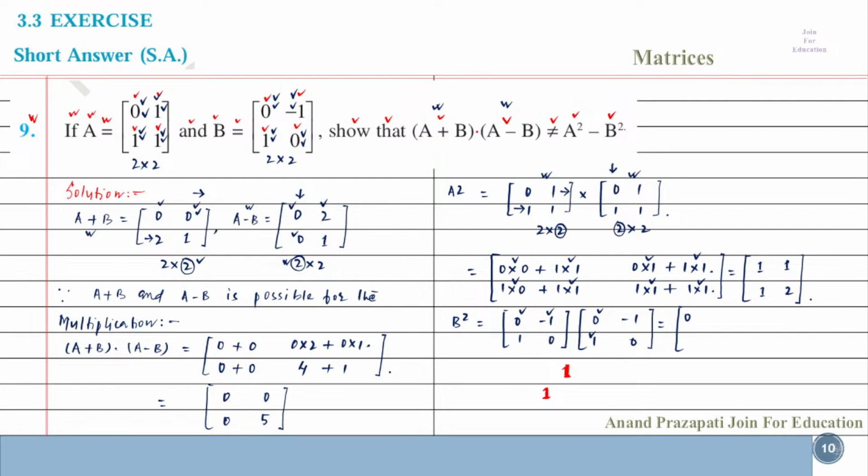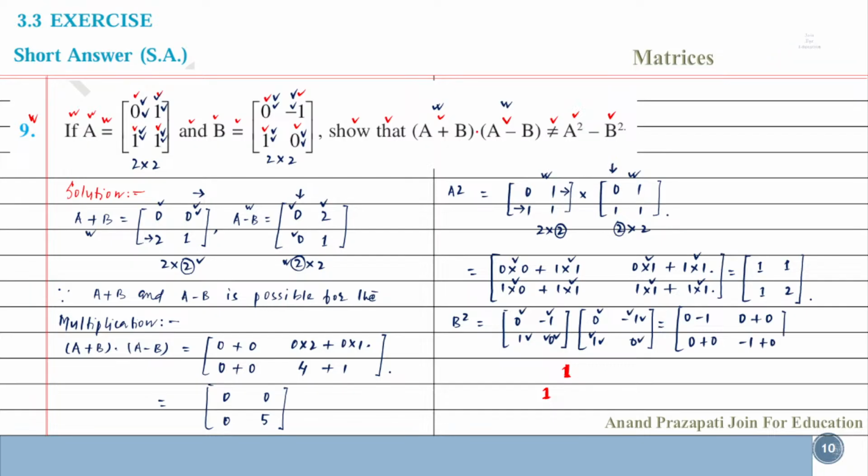So here will be 0 plus minus 1 equal to minus 1, 0 into minus 1 equal to 0, minus 1 into 0 equal to 0, 1 into 0 equal to 0, 0 into 1 equal to 0, and 1 into minus 1 equal to minus 1, and 0 into 0 equal to 0.